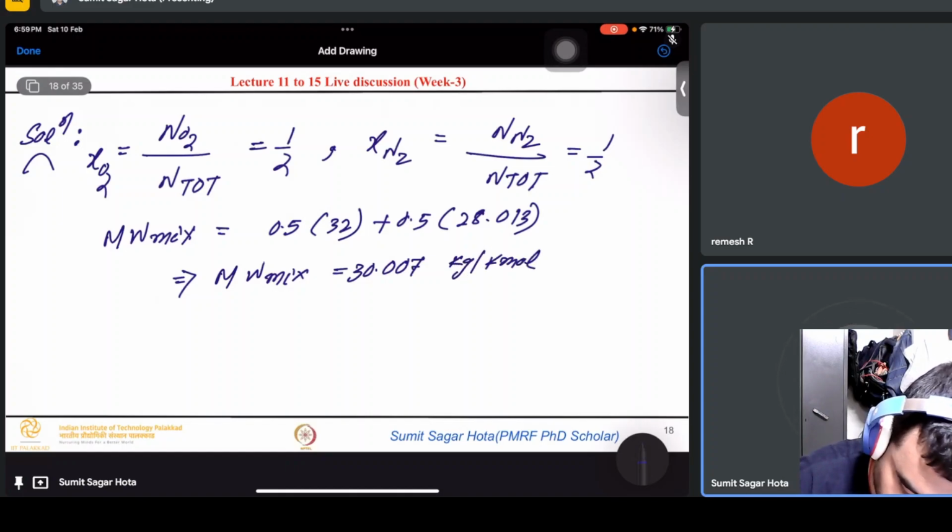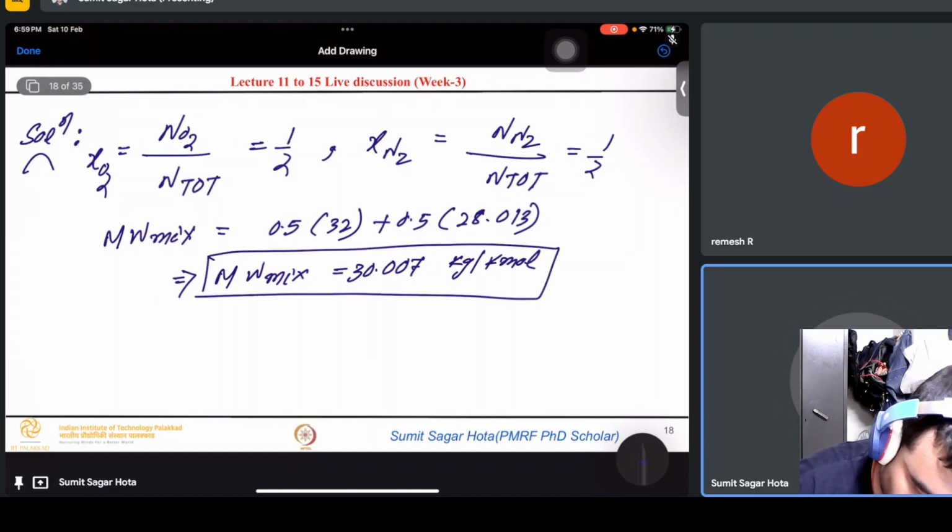I am writing all these things because if somebody sees it for the first time, he will not know where this 30.007 comes from. So these details are written for future reference.